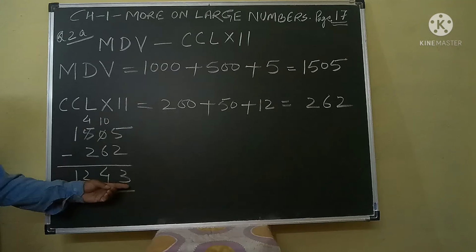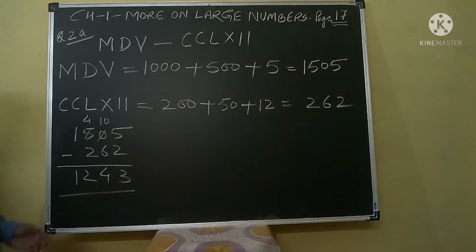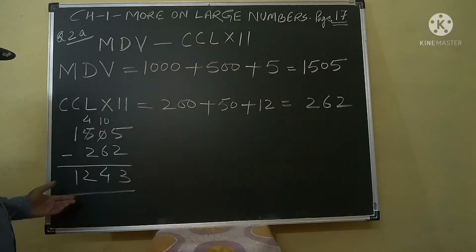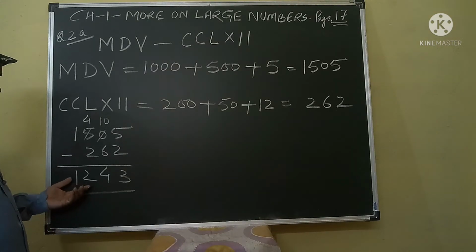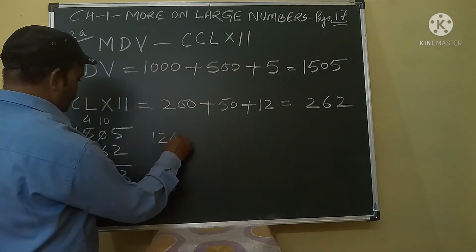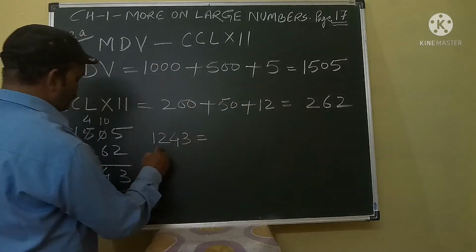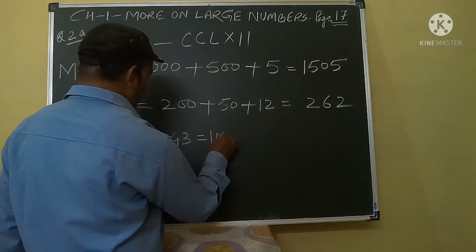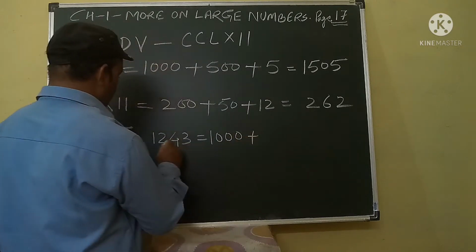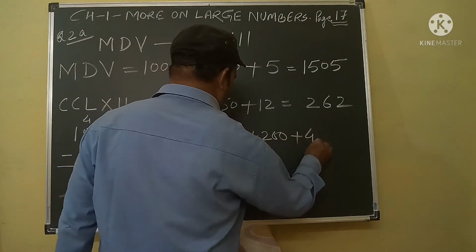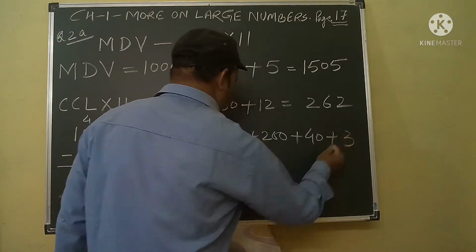Then we will find out which Roman numeral we can use for this natural number. Look here. 1243. We can split this as 1000 plus 240 plus 3.